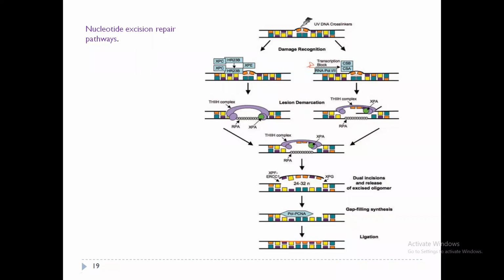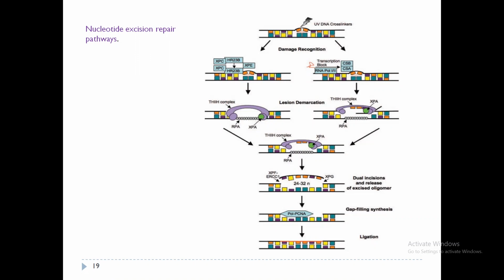Global genome repair uses the XPC and XPE protein complexes, whereas transcription coupled repair uses CSB and CSA. XPC stands for Xeroderma pigmentosum complementation group C, and XPE for group E, while CSA and CSB stand for Cockayne syndrome A and B genes respectively.